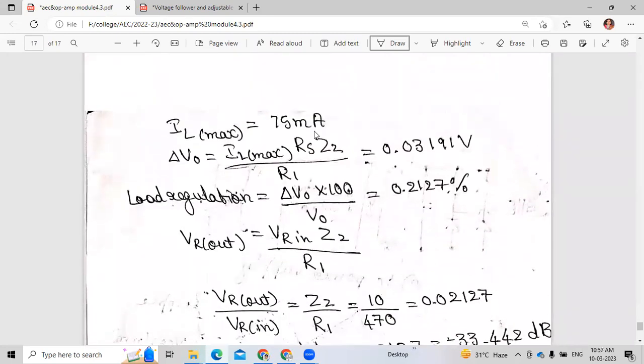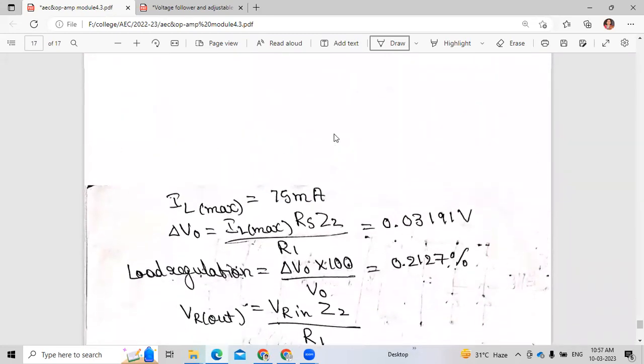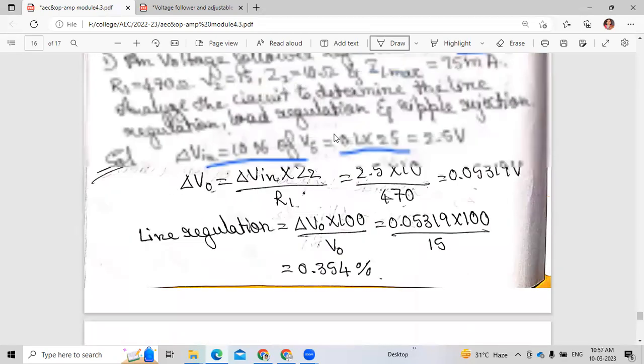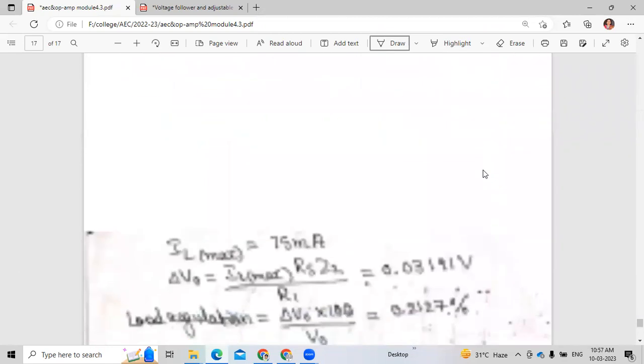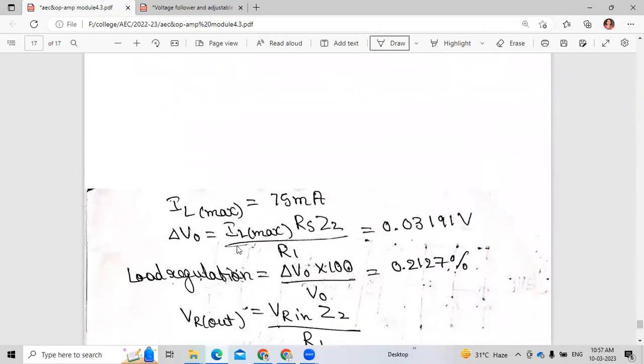And next, IL max. How much have they given? IL max is 75 milliamps. So ΔV₀ equals IL max into RS into ZZ divided by R1.